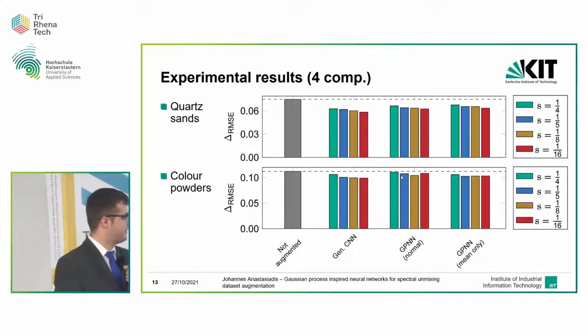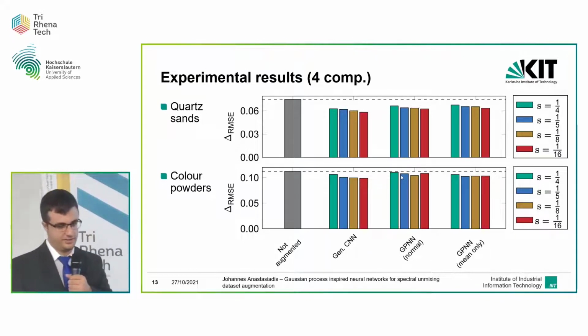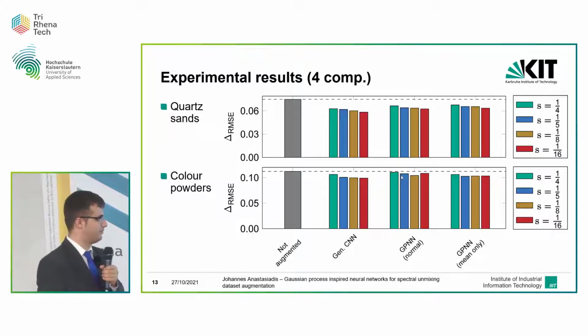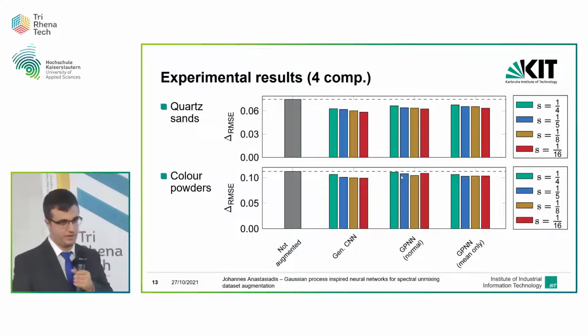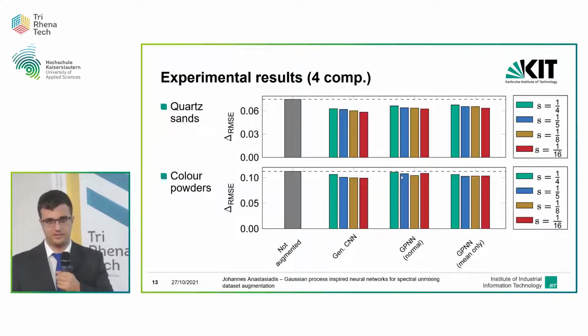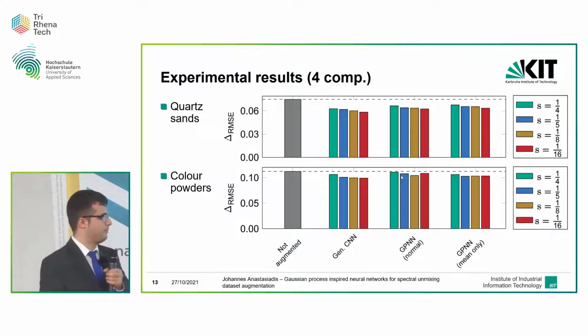The last data set is the color powder data set. Here the present approach is not as good. Maybe this is due to the fact that the assumption of a Gaussian random vector does not hold here. But still the mean vector variant works.